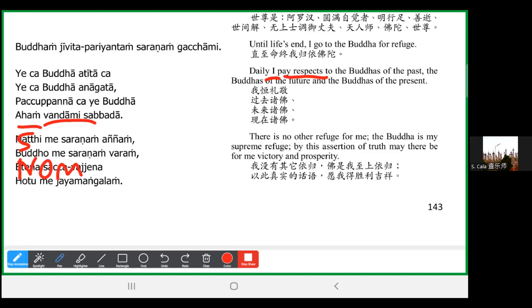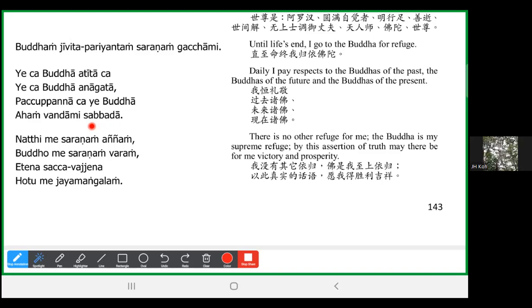Now, what is sabbada? Okay, now look at this. Can you see the English meaning of sabbada? How about Hui Ling? What is sabba here? All. The meaning of sabba is all.